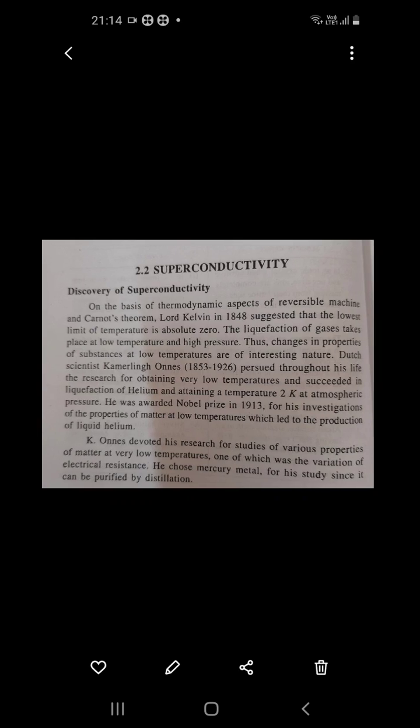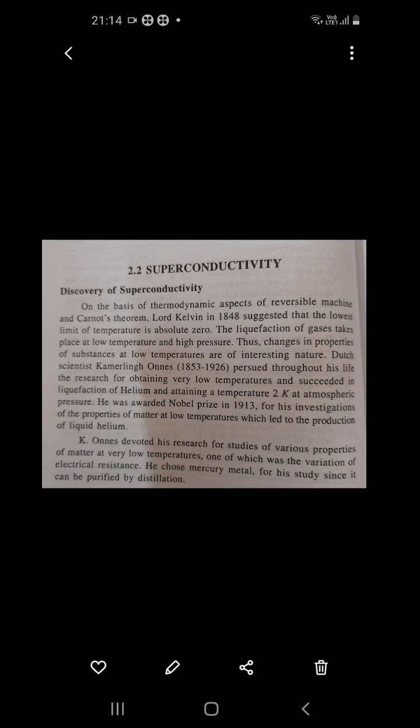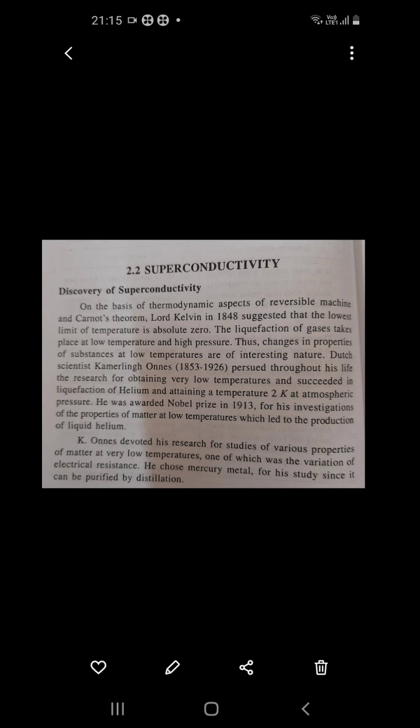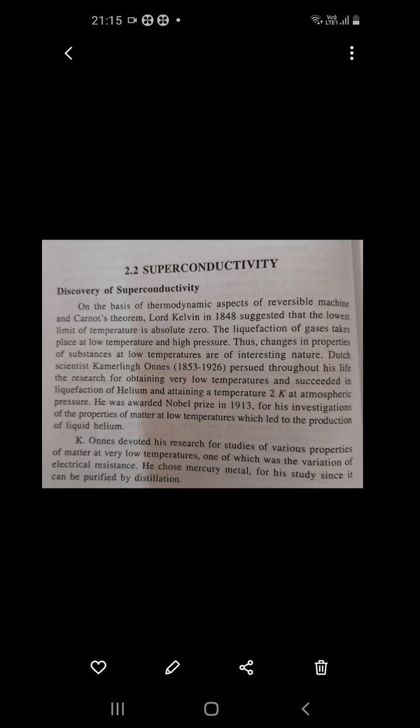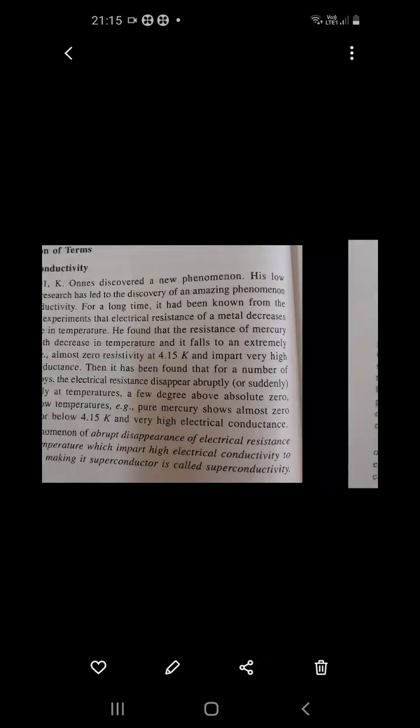Because of this discovery he got a Nobel Prize in 1930 for his investigation of the properties of matter at low temperature. He produced liquid helium, and this research has gained huge importance nowadays. He chose mercury metal for his study since he could purify it by distillation.